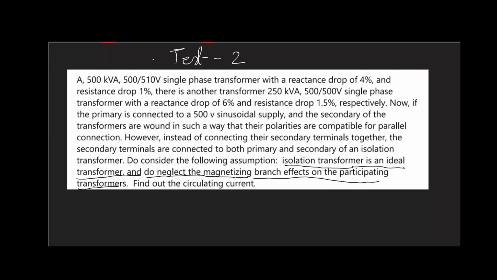Moreover, it instructs you to neglect the magnetizing branch effect of the participating transformer. So basically the whole problem boils down to a very conventional transformer problem.